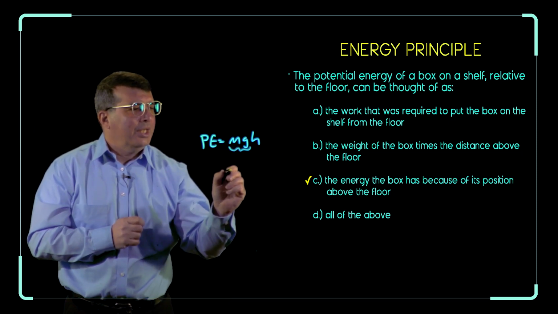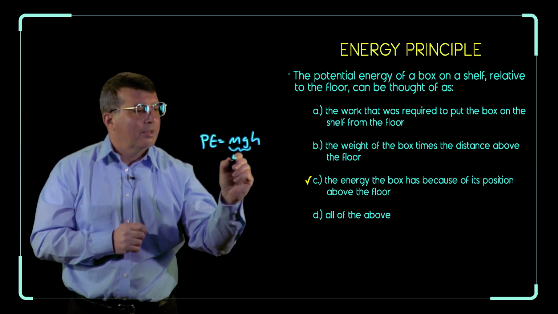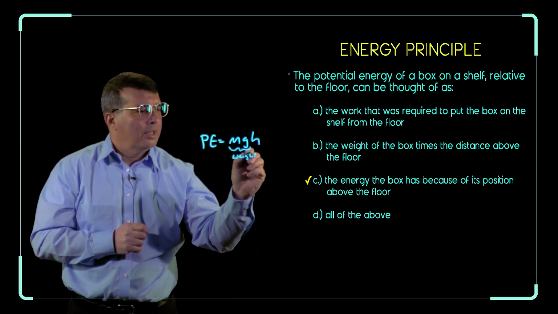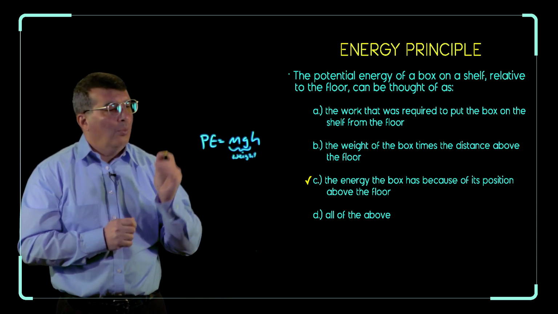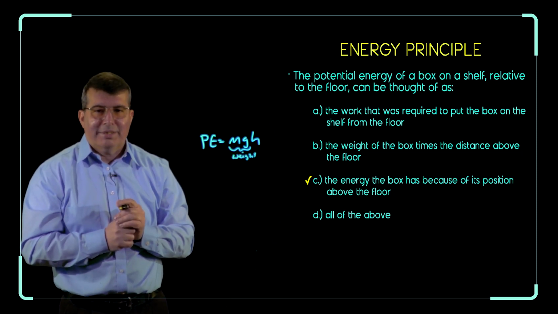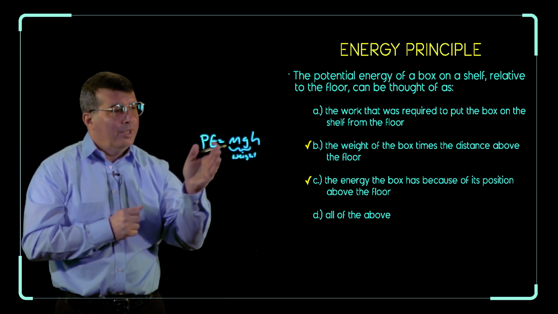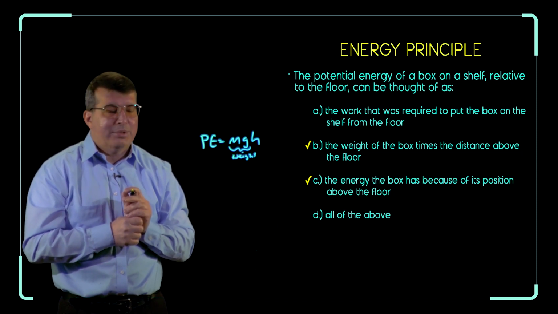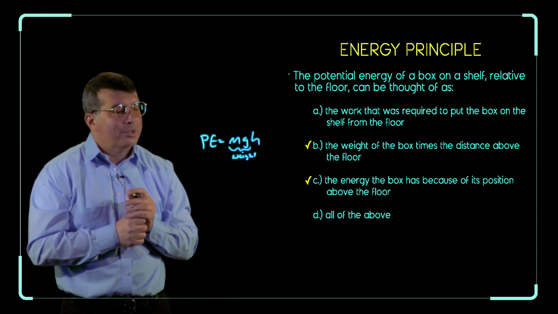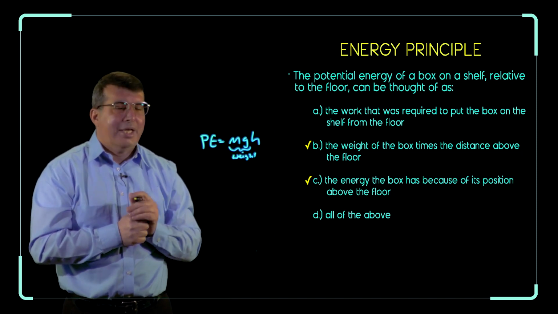Mass times g is equal to the weight of the box. So potential energy is also the weight of the box times the height. So that was B. So we have both C, because potential energy is the energy of the position, the height being the position, and we also have potential energy being the weight times the height.